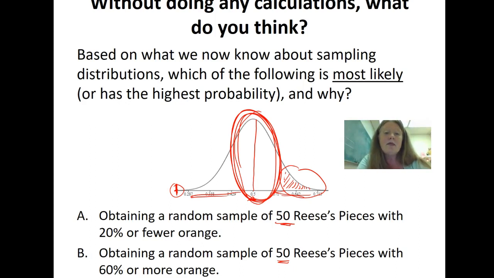So, let me backtrack here: 60% is obviously closer to 50% than 20%. 60% is closer to that true parameter than 20%. And so based on what we know about sampling distributions and how they behave, if what tends to be around the parameter are values close to the parameter, and if 60% is closer than 20%, we'd expect the probability of seeing something like 60% or more would be larger than the probability of seeing something that's so far away, like 20% or less. 20% or less is much further away from 50%.